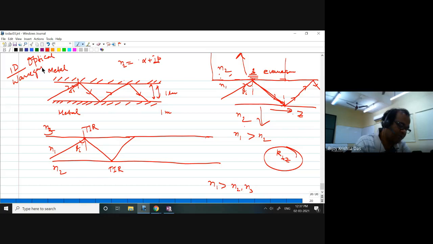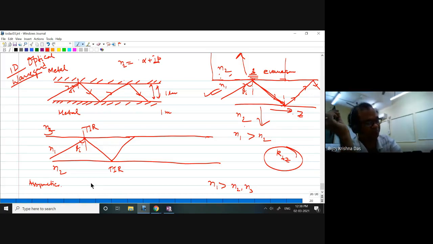This is one example I have given here: if you just maintain N1 greater than N2, that is a symmetric type of 1D waveguide, and this is called an asymmetric waveguide, meaning the upper cladding and lower cladding refractive indices are not the same.